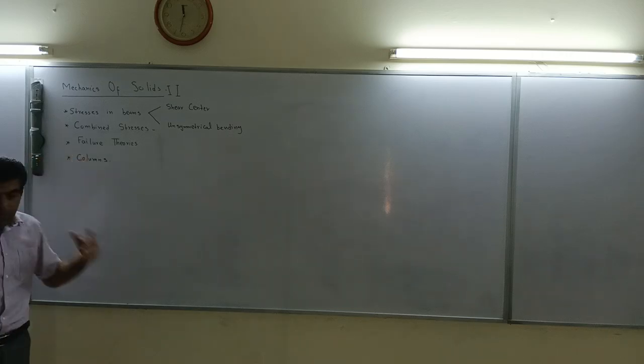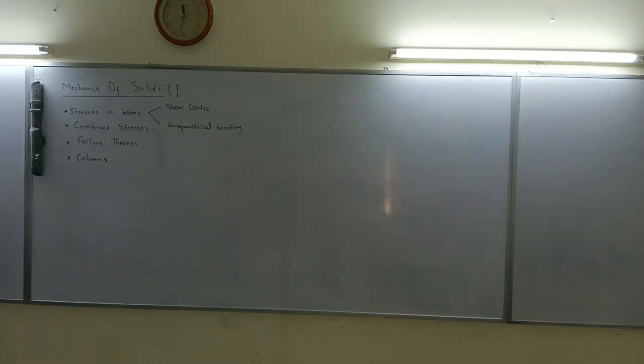Then after that, we will do the kern of a section. If you have a structure which is subject to a compression load, where should you apply that load in such a way that it doesn't cause any bending? We will try to find out that location. Then after that, we will do the stresses at a point.